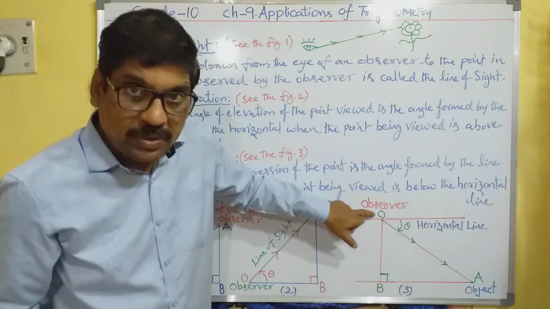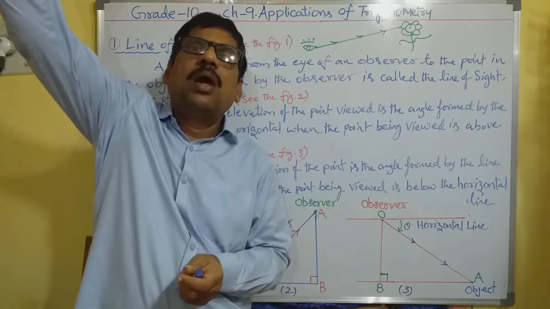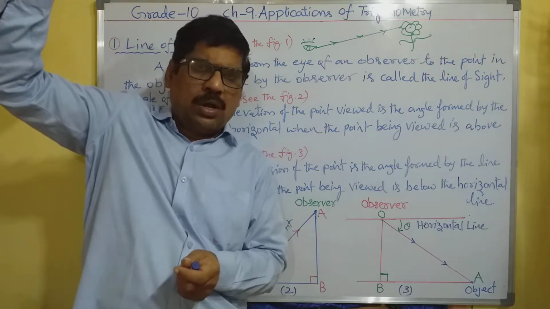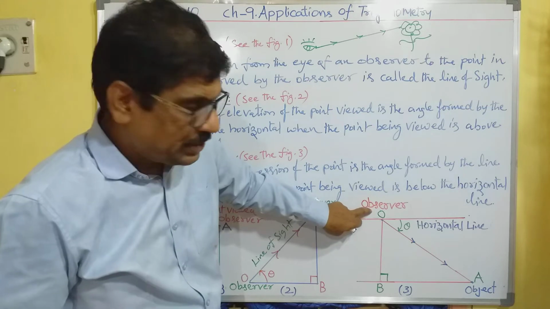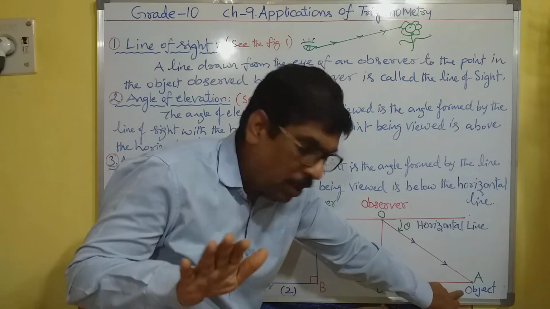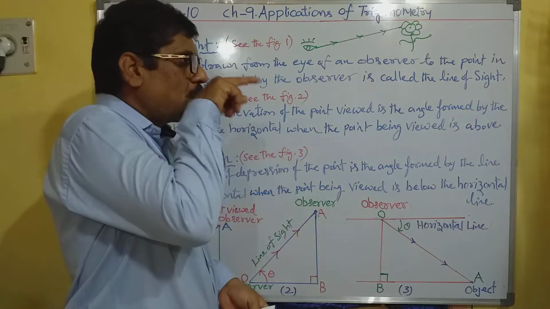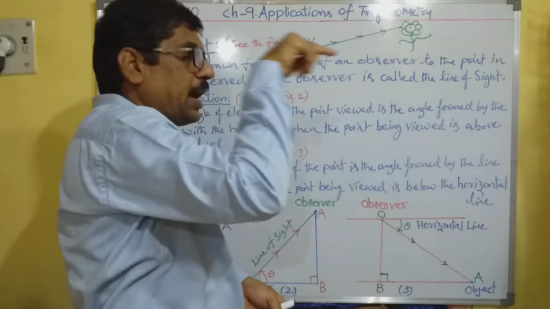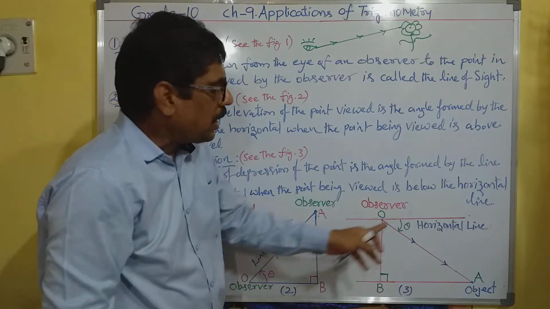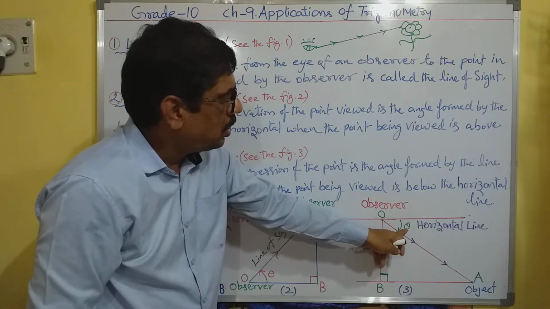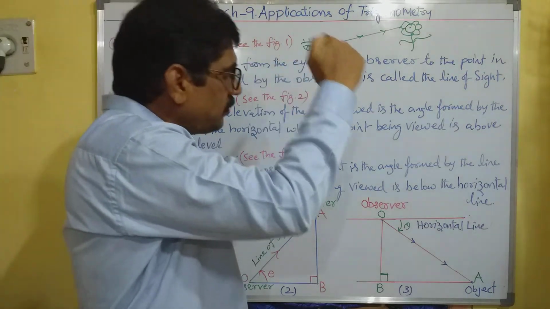Here the observer is at the top of a building or at the top of a tower like that. He is observing a point object down on the ground at A. So he is looking downwards. If he looks straight, the horizontal line forms from his eye at 0 degrees. If he looks down, the angle comes down like this. The angle so formed downwards is called the angle of depression. Angle of elevation means upwards and angle of depression means downwards.